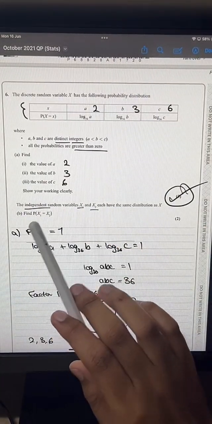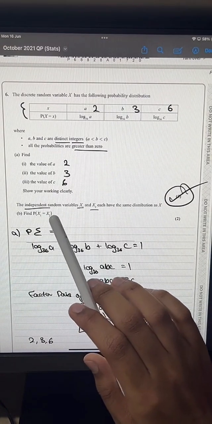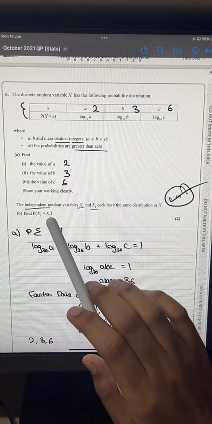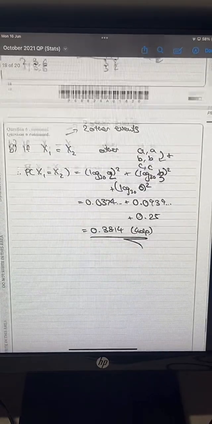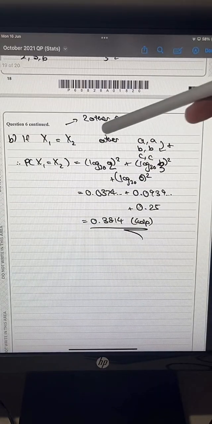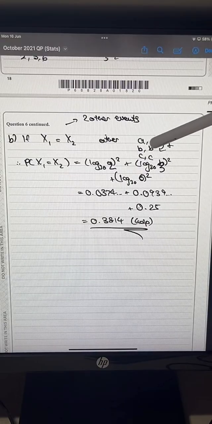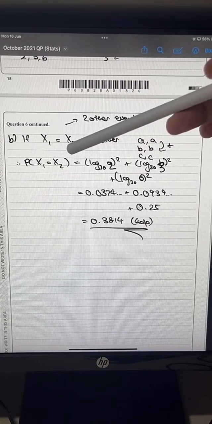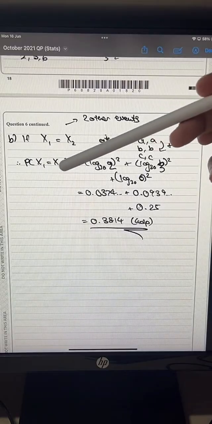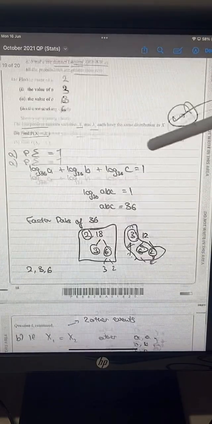They want the probability that the value chosen for x1 is the same as the value chosen for x2. So if I go down here, they're both going to have the same value if they're both A. So if I choose A from both, or I choose B from both, or I choose C from both. So the probability that x1 is equal to x2 is, if I have A and A, well, what is that?